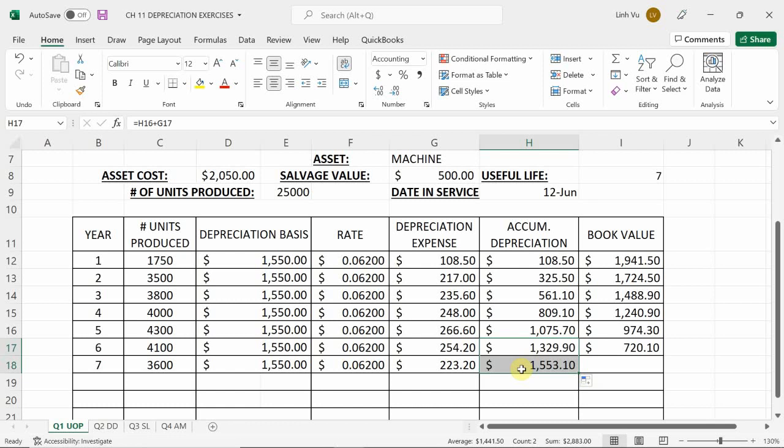You missed the 2 when you typed in the 13. You did 1329. Okay, so the answer is 1553.10.